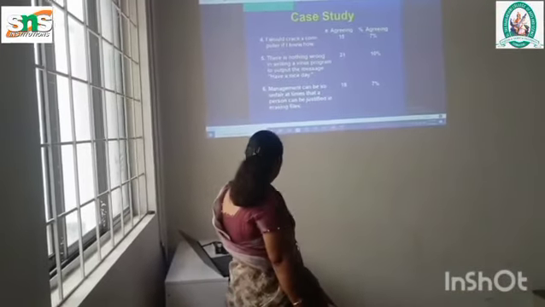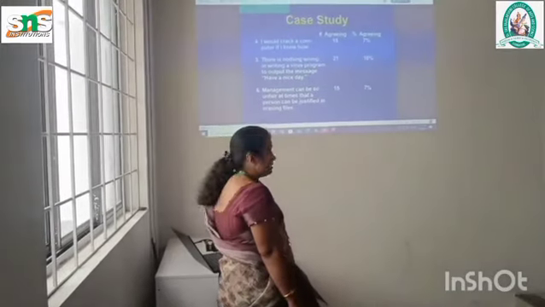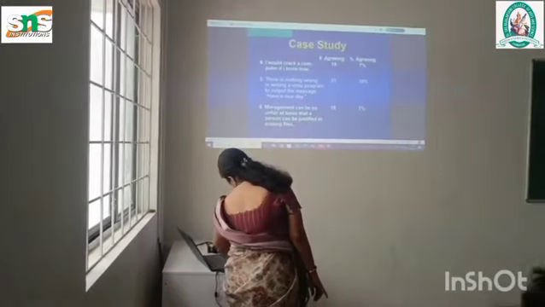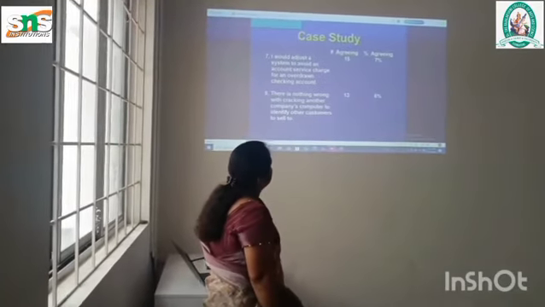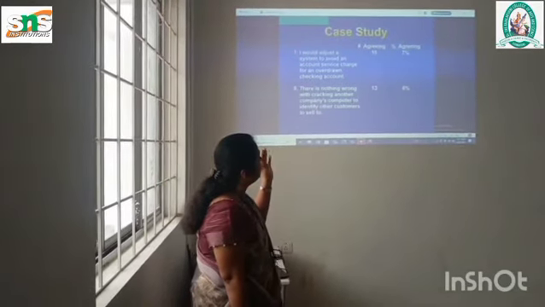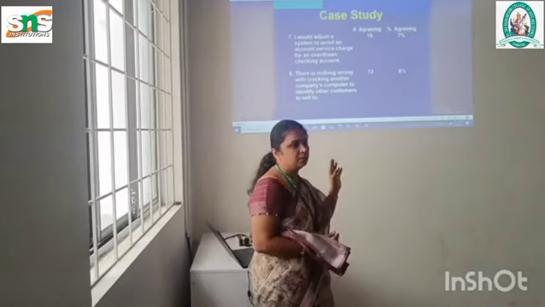Management can be unfair at times and a person can be justified in erasing the files. 7. I would adjust the system to avoid an account service charge for an overdrawn checking account.